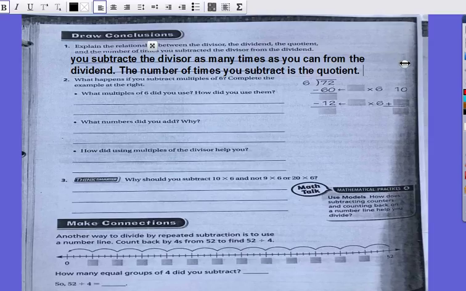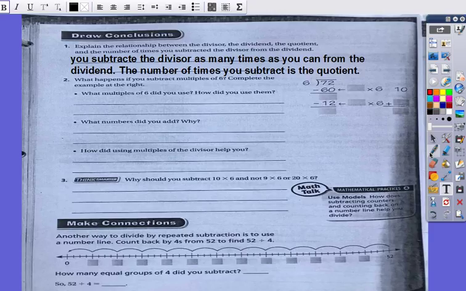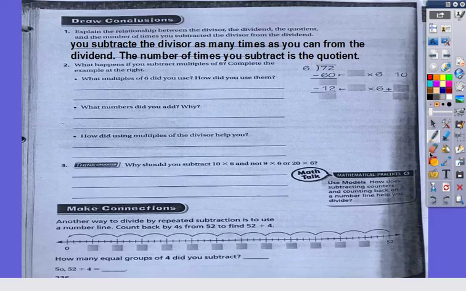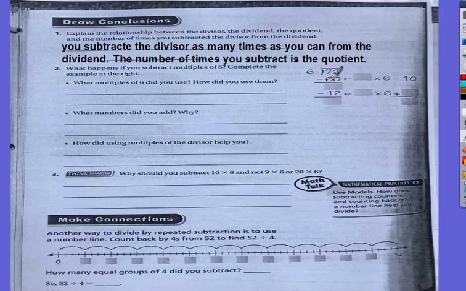Number 2, what happens if you subtract multiples of 6? Complete the example at the right. So what multiples of 6 did you use, and how did you use them? Coming over here, the first one, to fill this blank: blank times 6 is 60. So that would be 10.